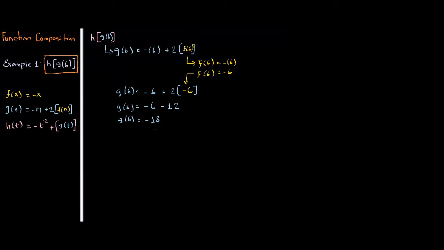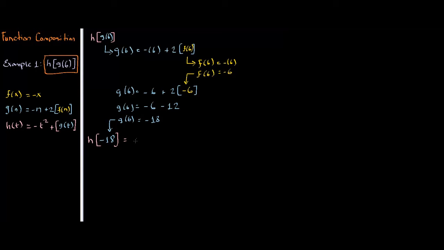Now this negative 18 is the one we're going to input back where we started. It's negative 18, and that we're going to input in here, in h, where we start here. So let's do that here, like this. This is pretty ugly, like this, better.